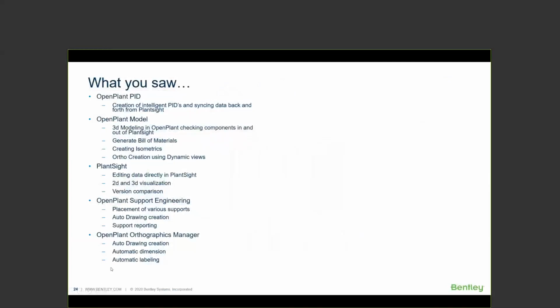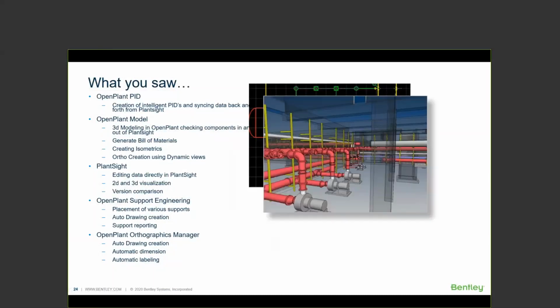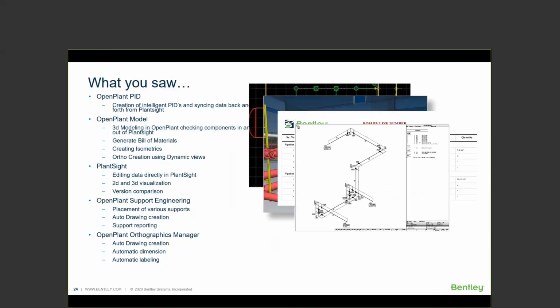So what you actually saw today was OpenPlant PID, creation of intelligent PIDs, syncing back and forth from PlantSight. We saw OpenPlant Modeler. We saw some 3D modeling of piping and equipment and checking components in and out of PlantSight, generating bills of materials, generating isometrics, generating orthographics. We also saw a little bit of PlantSight.